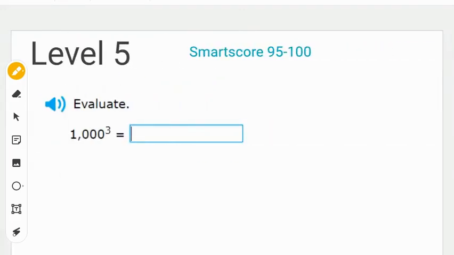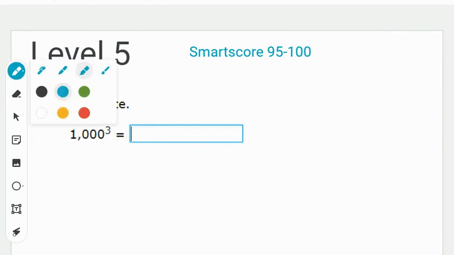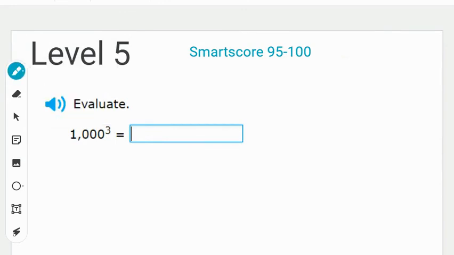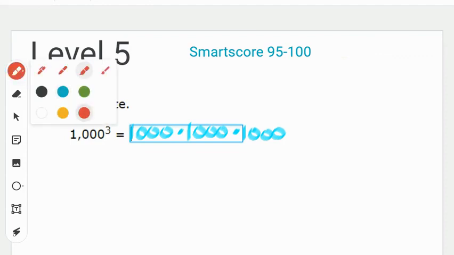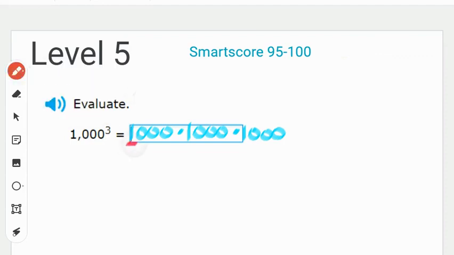All right, and one more here. This one you do not need a calculator for, because there's a trick when you're multiplying by a number like this. 1,000 to the third power means 1,000 times 1,000 times 1,000. When you're multiplying numbers with a bunch of zeros like this, what you can do is multiply just the front number, the leading non-zero number.